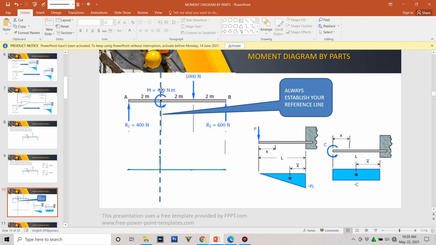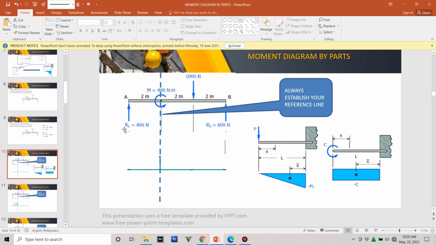So, ibig sabihin, kung ano mang katapat ng reference line, wala na. We will neglect the loading at that point. So, kung ano man loading dito sa tapat ng reference line mo, do not bother yourself to compute for any value of the moment diagram. So, tanggal na yung 400 dito, no?